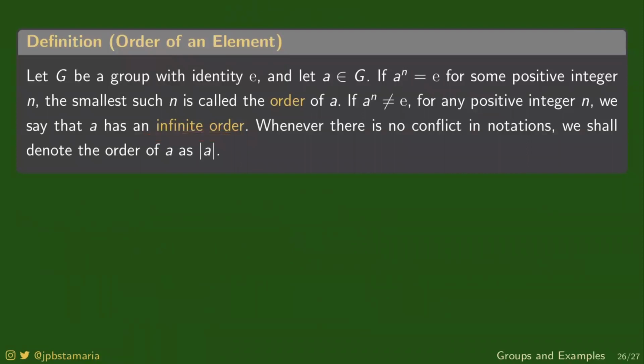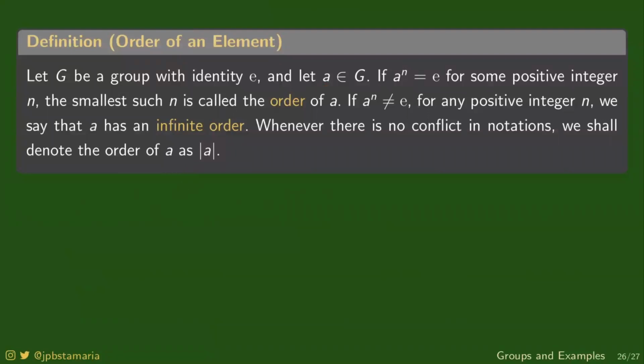Kung with us if there are no confusions in notations, we will use this symbol to refer to the order of A. Hindi ito absolute value, ha. Although if you are in calculus, maybe you are using this symbol to refer to the absolute value. Remember, A here may not be a real number at all. So this does not mean absolute value.